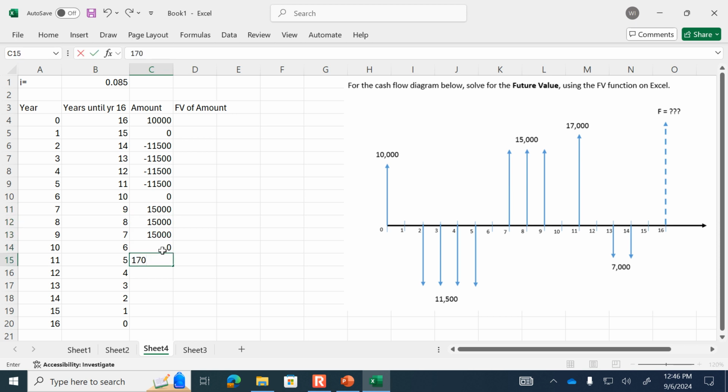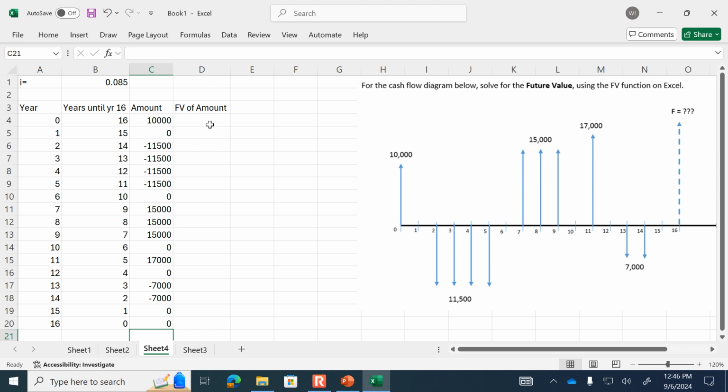Then 17,000. A nothing year, negative 7,000. If you type in the wrong value, then obviously you're going to get the wrong final answer. So you have to be really careful and have some attention to detail when you're typing in the values. I'm sure I'll make plenty of mistakes this semester, but I'll try and catch them. All right, so we've got the amounts.